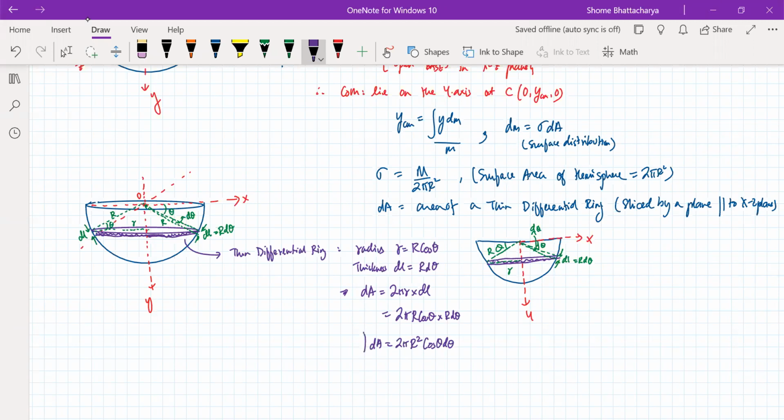That is the area of the ring. And therefore the mass of the ring is a very simple term.